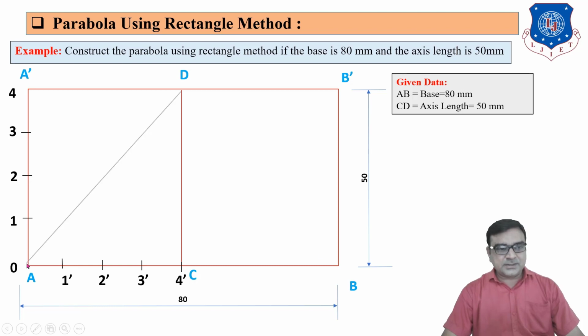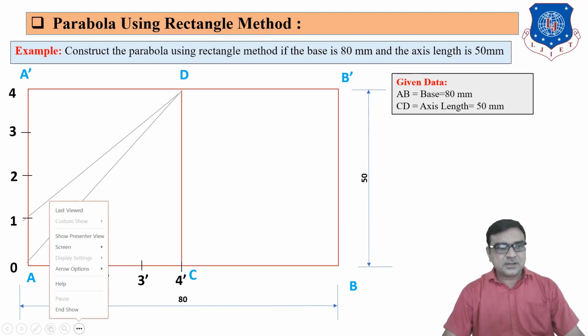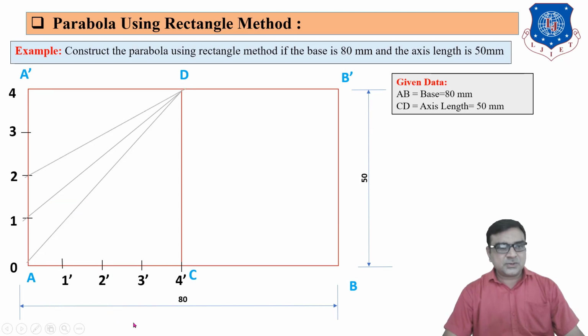Now join 0 to D, 1 to D, 2D, 3D and also divide this line into 4 number of equal parts and the other side of vertical line is also divided into 4 number of equal parts.